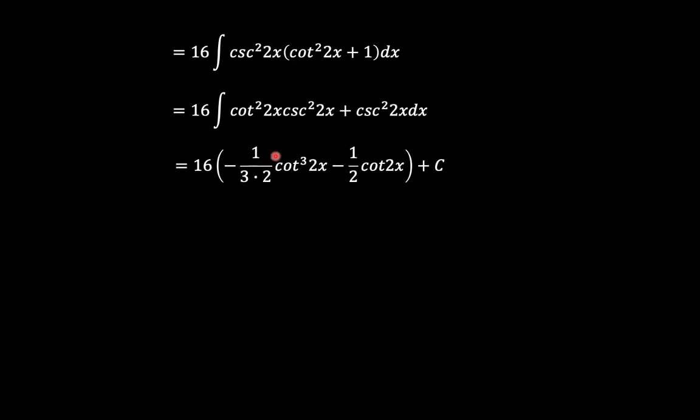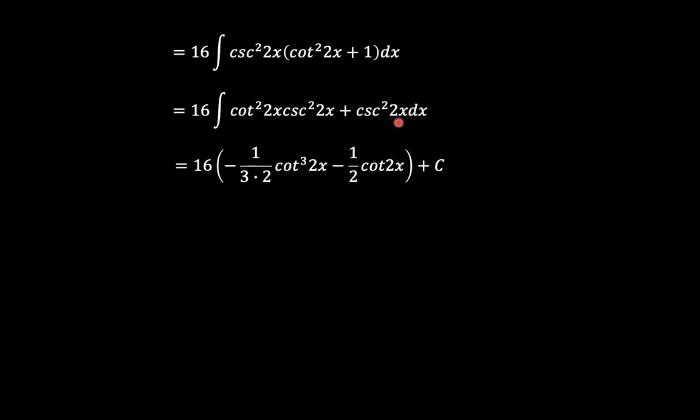Now to negate, because we don't have a 3 here, that means the original function has to have a denominator of 3. And then since we are also dealing with 2x instead of just x, we need to have a denominator of 2 here. So this is the integration of this first function, and also cosec squared 2x.